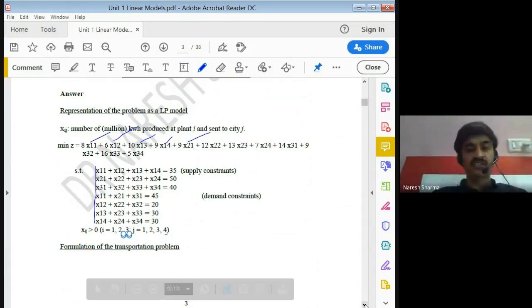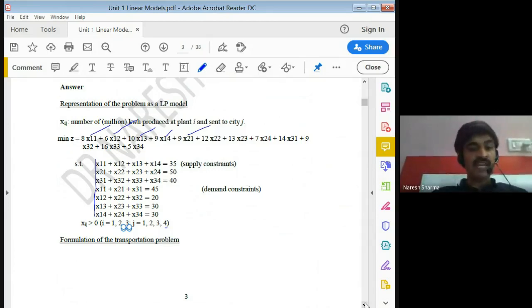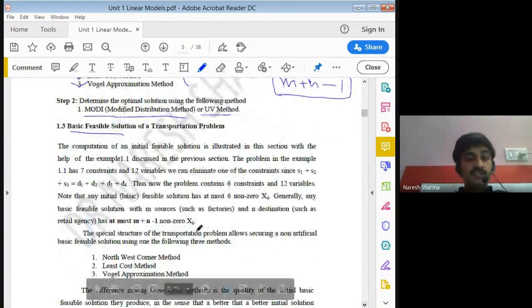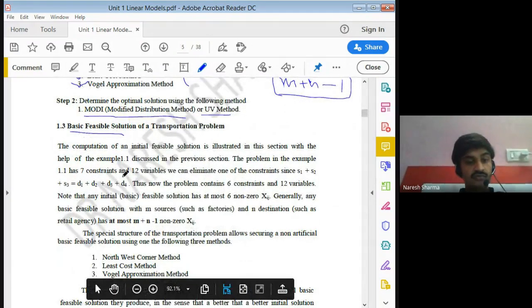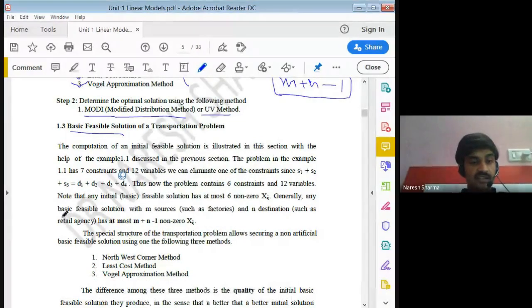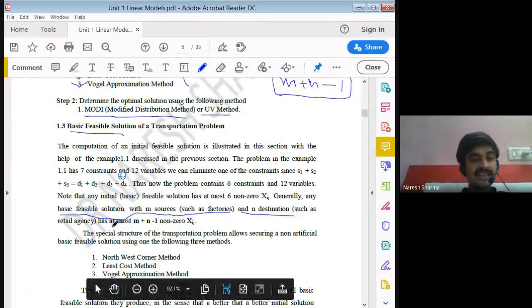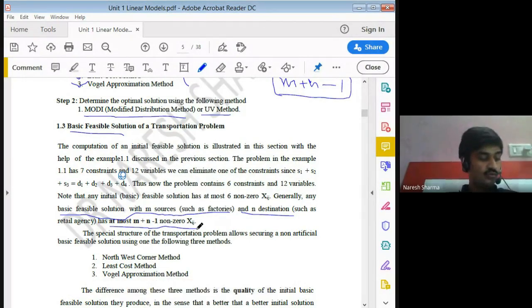Maybe you studied this in the simplex method also. Now, for the basic solution, it says a basic feasible solution with m sources and n destinations has at most m plus n minus 1 non-zero x_ij.